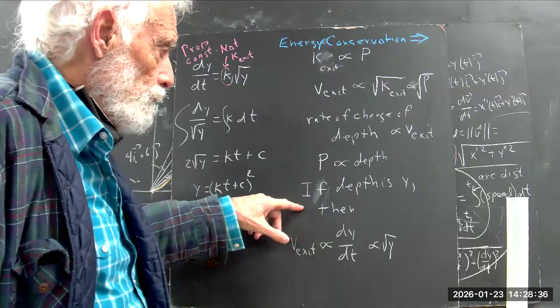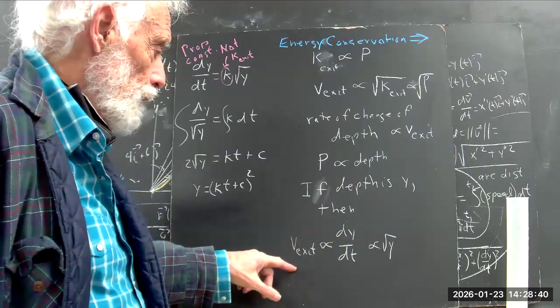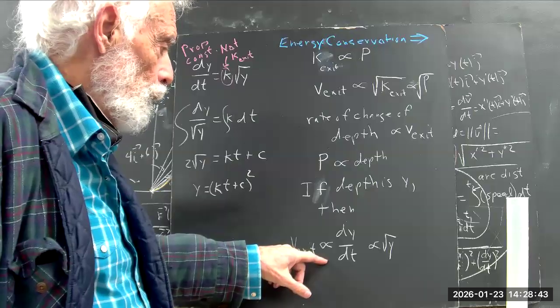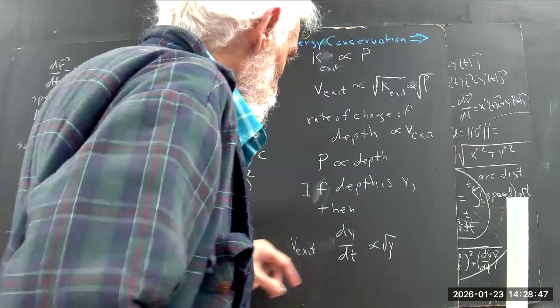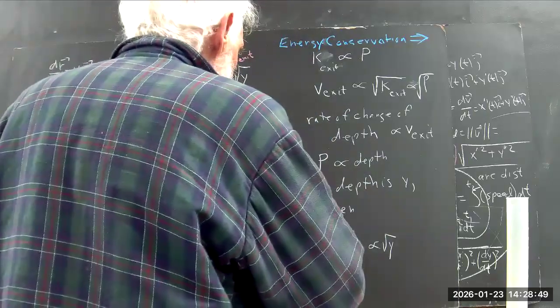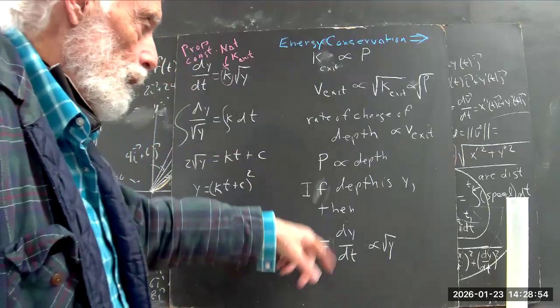Now, if we let y stand for the depth, then velocity of exit is equal to dy/dt. That should be obvious.